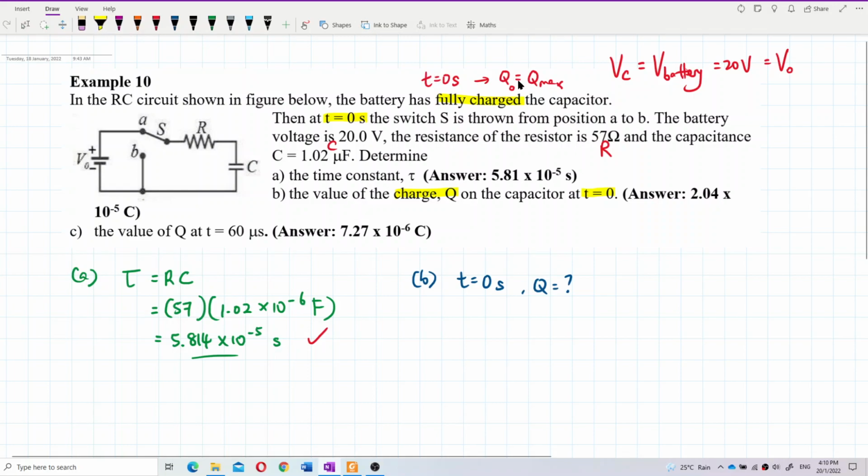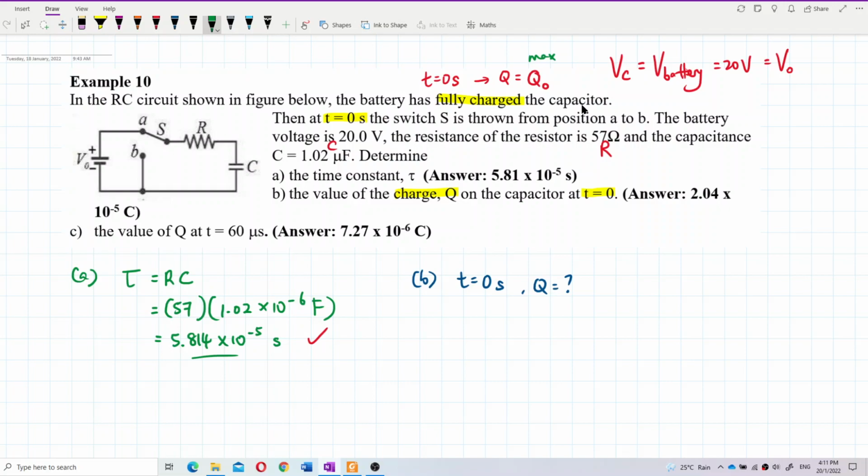Initially at 0 second, the charge is the maximum charge. Q0 means maximum.